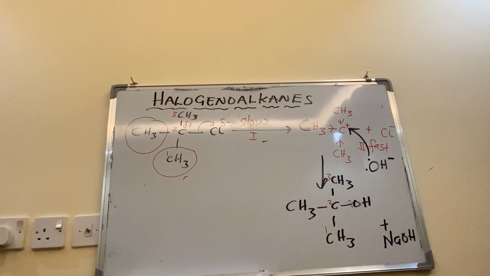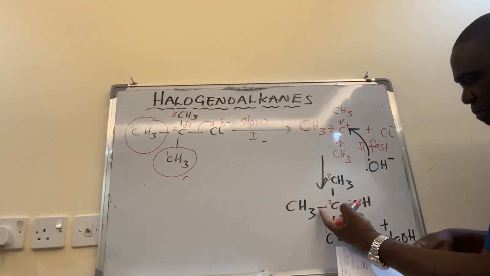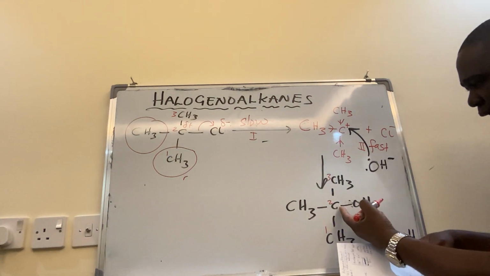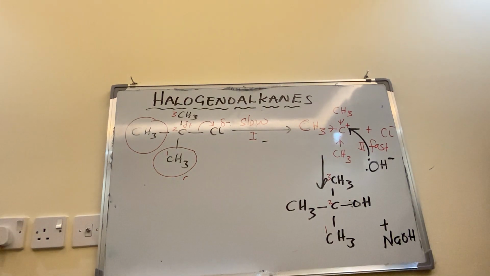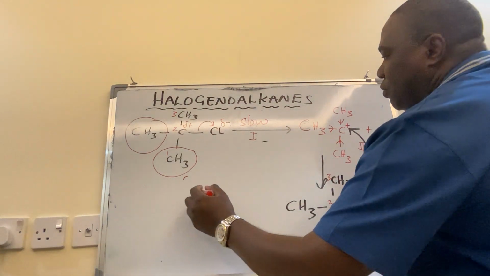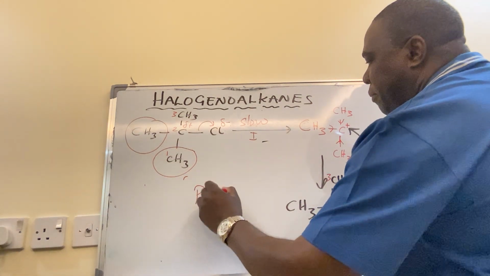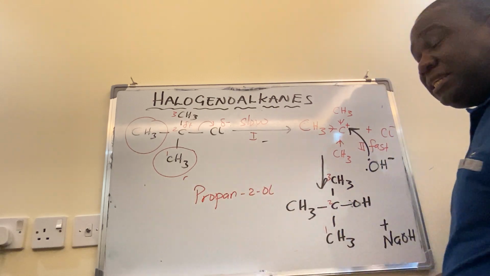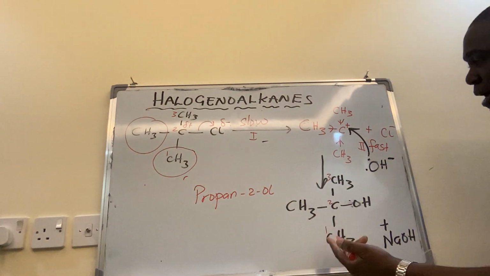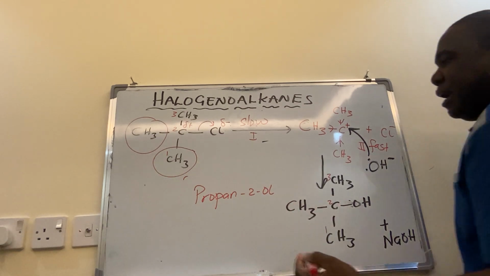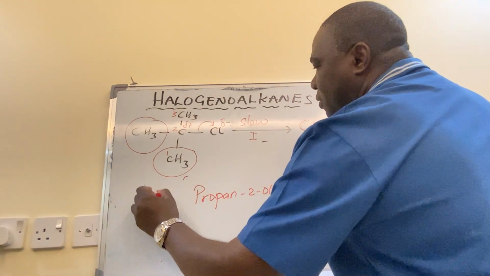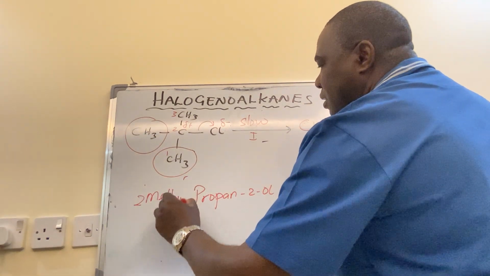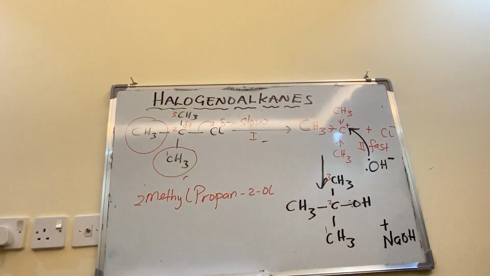The way we classify alcohols is similar to the way we classify our halogenoalkanes. So we have a methyl group on carbon number 2 and an OH group on carbon number 2 as well. So this one is propan-2-ol, but it's not complete because we have a side group. So the complete name will be 2-methyl propan-2-ol.